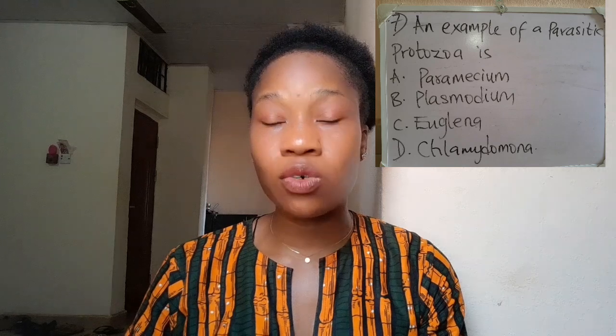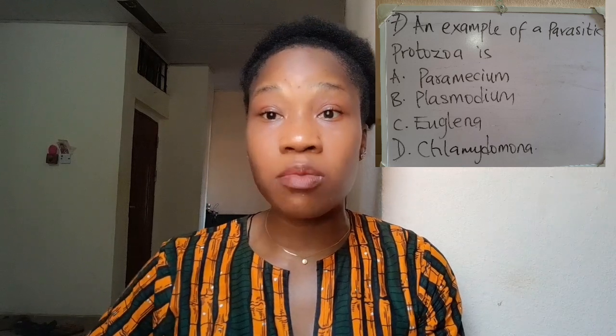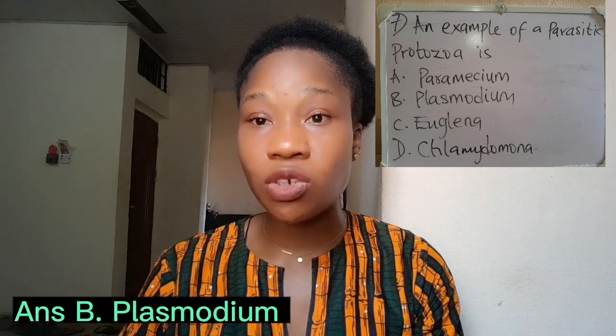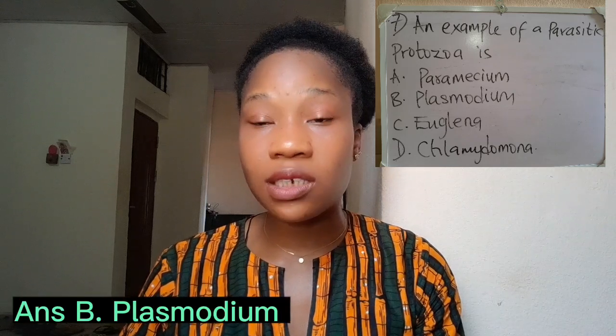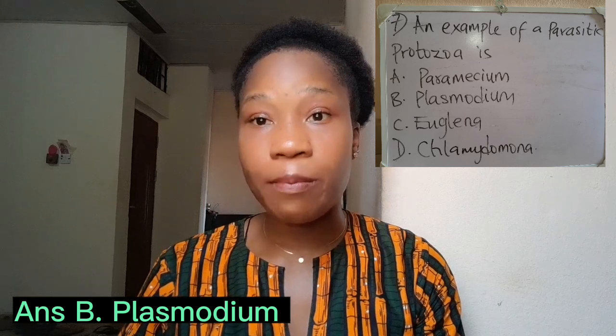When the female Anopheles mosquito comes for a blood meal, and it has Plasmodium in its proboscis, it transmits it during the blood meal. So Plasmodium is the answer because it is parasitic, while Euglena and Chlamydomonas are also unicellular, but they are not parasitic. Alright, let's go on to the next question.